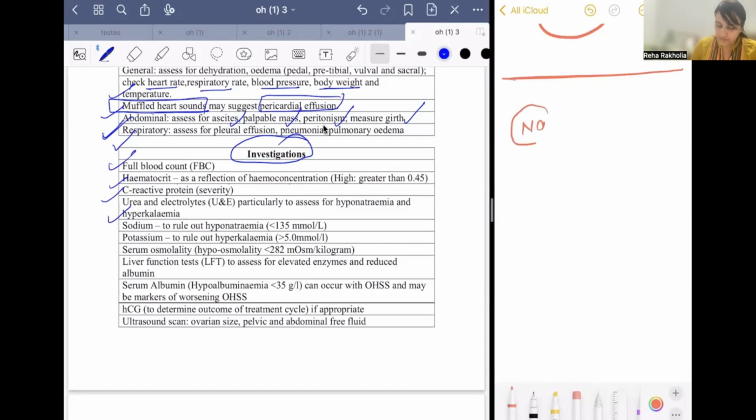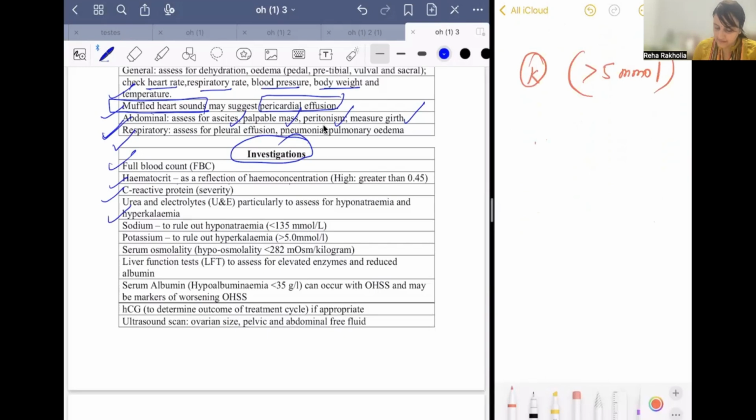We'll look for sodium to rule out hyponatremia, that is less than 135 millimole per liter of sodium. We'll look for potassium to rule out hyperkalemia, that is more than 5 millimole per liter. We'll look for serum osmolarity.